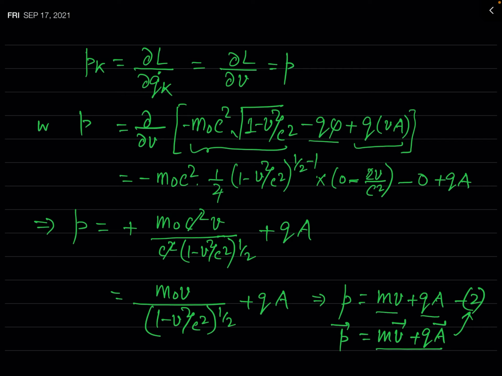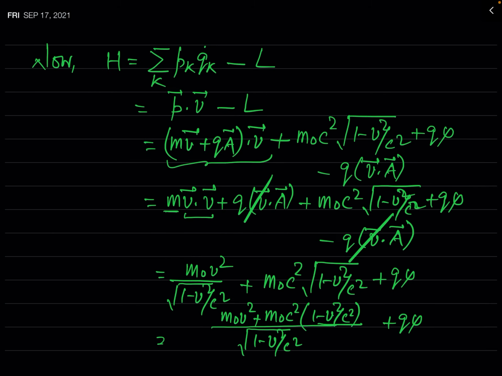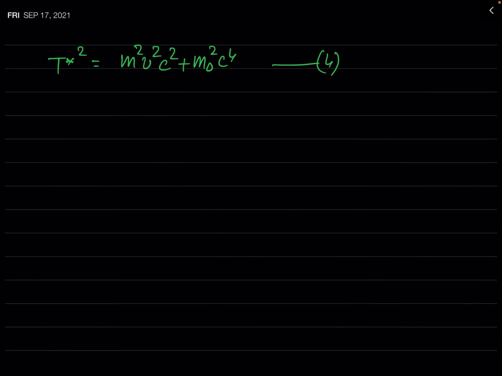P is equal to mv plus qA. Since in our present expression we have a term m square v square, let us find the value of mv from equation 2. From equation 2, mv will be p minus qA.